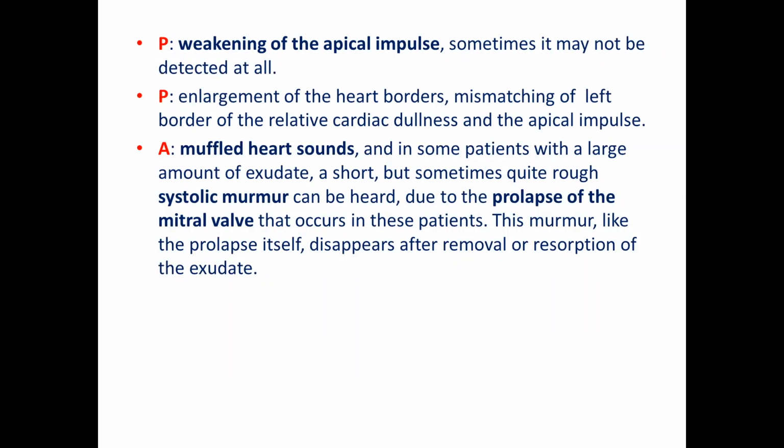Later, exudate appears at the apex and above the interior surface of heart. By palpation, you could find weakening of apical impulse. Sometimes it may not be detected at all. In case of massive fluid, enlargement of heart borders by percussion is found, with mismatching of the left border of the relative cardiac dullness and the apical impulse.